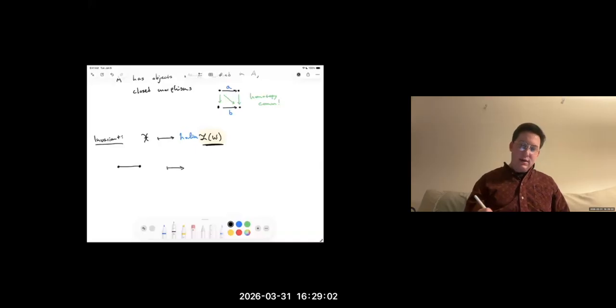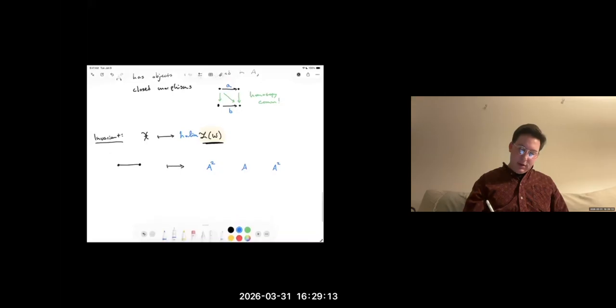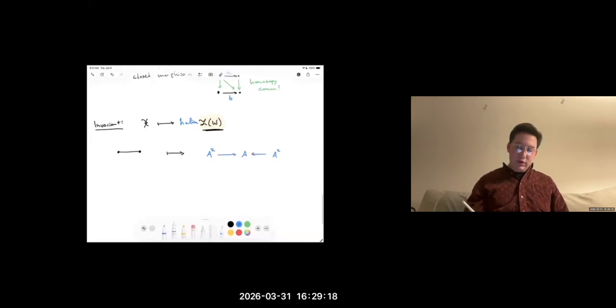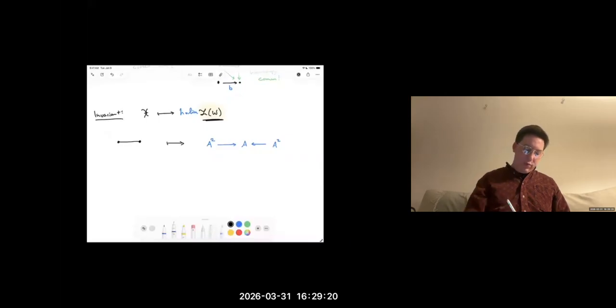And it associates to that the following diagram. So I'm going to take the category A2 and associate it to both vertices, and the category A and associate it to the edge, and then some arrows, some functors between them. And I'll say what those functors are in a second by describing what they are locally at every vertex.